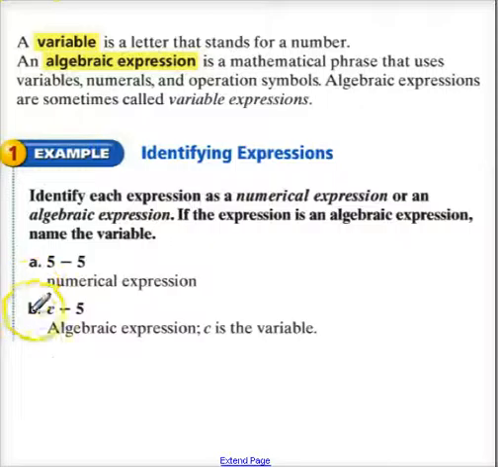Let's look at examples A and B and decide which is numerical, which is algebraic. 5 minus 5 is numerical because it has numbers and operations, no variables. B, c minus 5, that's an algebraic expression because there is a variable, and the variable is c.